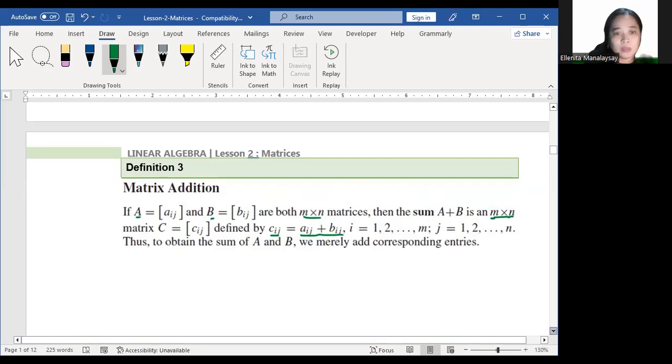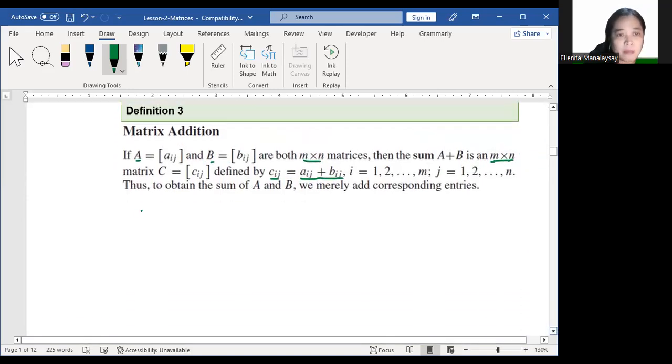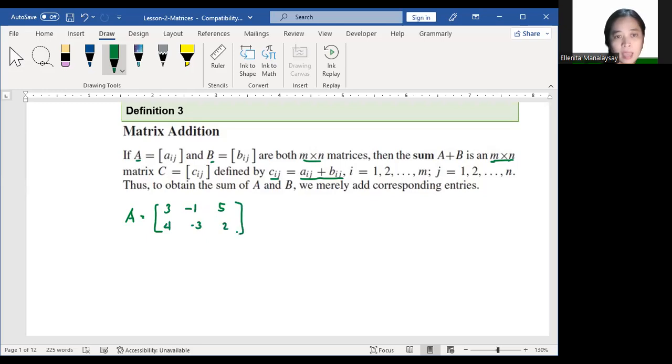Okay, so how's that? Say, for example, if we have matrix A to have entries 3, -1, 5, and then 4, -3, 2. And then B to have, this is a 2 by 3, 0, 1/2, -3, then 4, 1, -6.